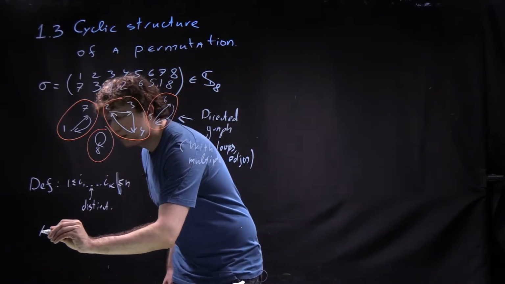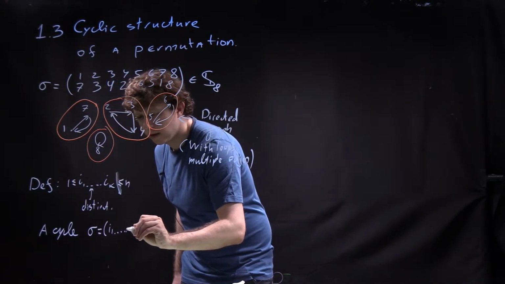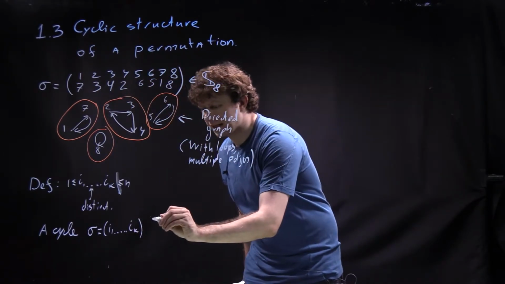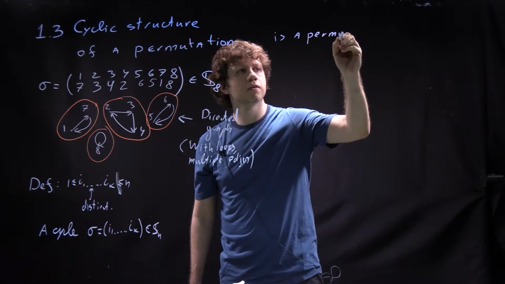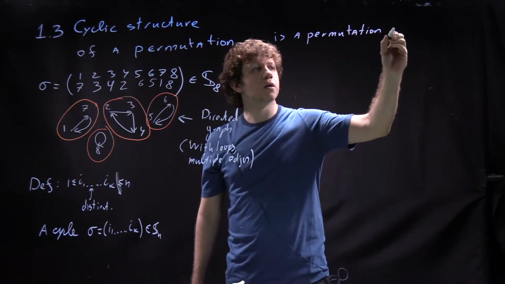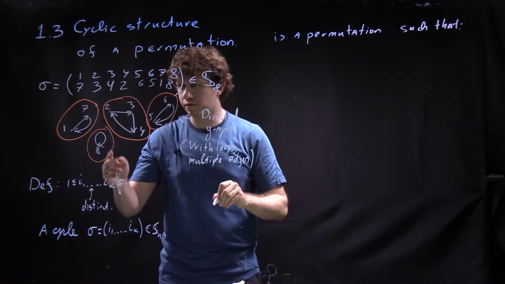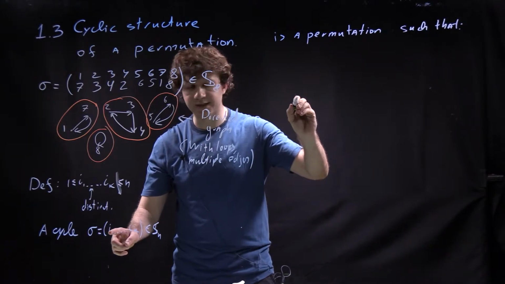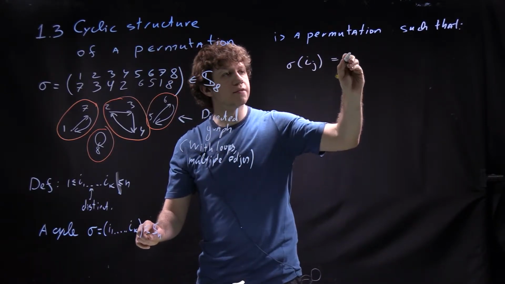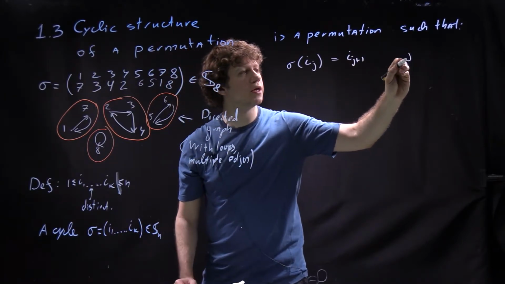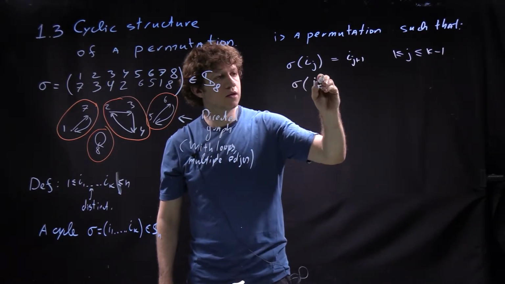A cycle sigma equal to (I1 ... Ik) inside Sn is a permutation such that, I will explicitly explain what goes to what: sigma of I sub j equals I sub j plus 1 when j is from 1 to k minus 1, and sigma of the last one, Ik, goes back to I1.